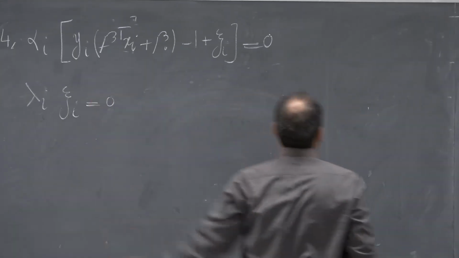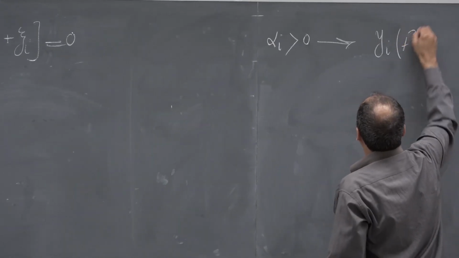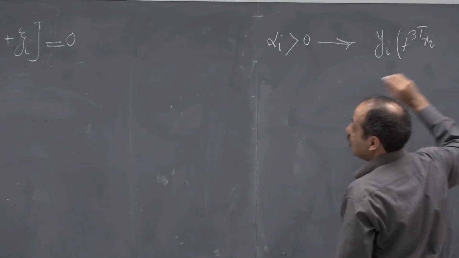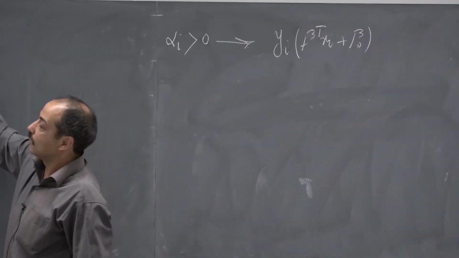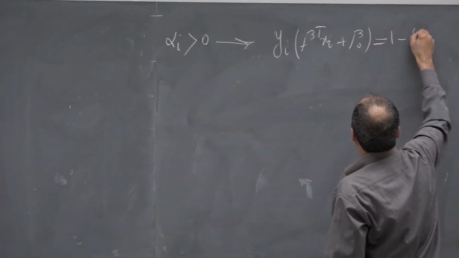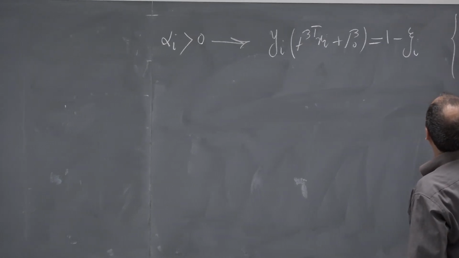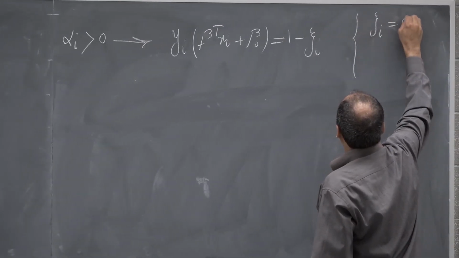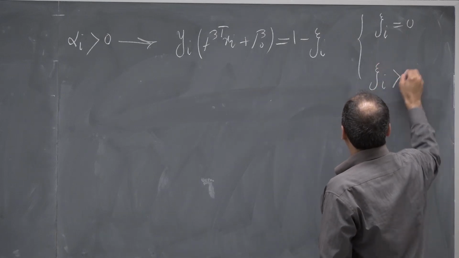Then this implies that yi beta transpose xi plus beta null minus 1 plus zeta I is equal to 0, which means it's equal to 1 minus zeta I. Okay, so there are two possibilities. Either zeta I is 0, or zeta I is greater than 0.